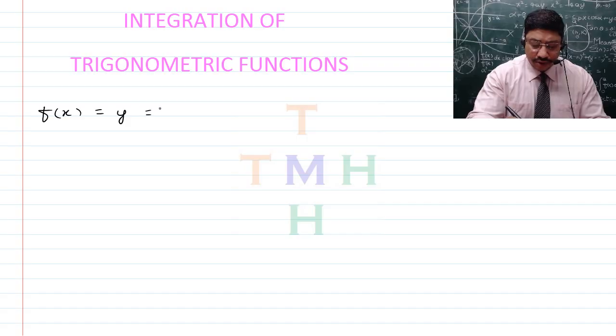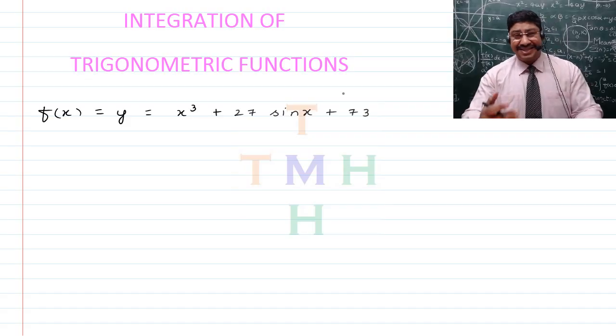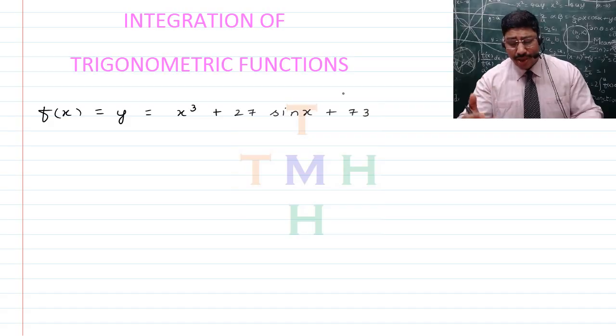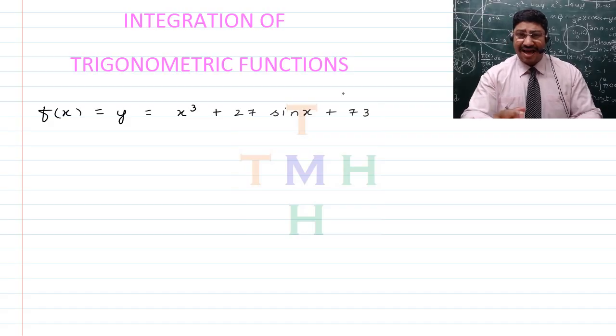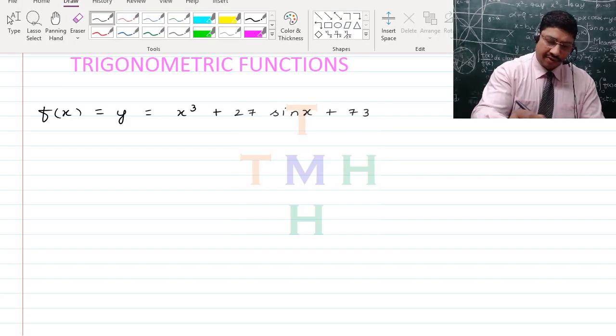Further, we can have it to be, say, x cube plus 27 sine x plus, say, 73. So this is a function of x. As the value of the independent variable x varies, correspondingly the dependent variable y will also change. Now comes the process of differentiation.